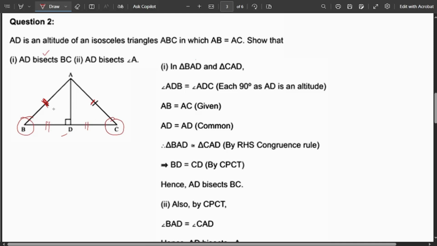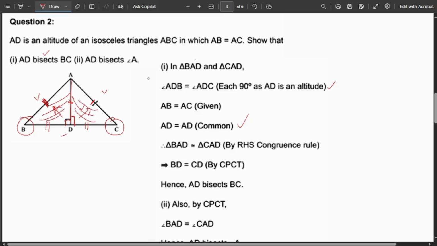To prove this, consider these two triangles. Here this is the right angle, angle ADB equals angle ADC, a right angle as AD is an altitude. AD is the common side, and AB equals AC is given, which is the hypotenuse of these right angle triangles.